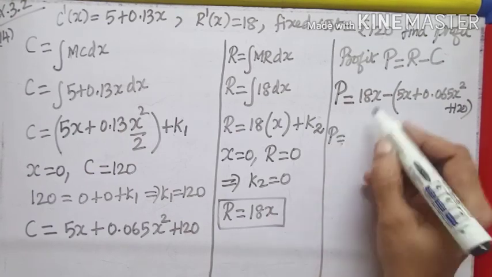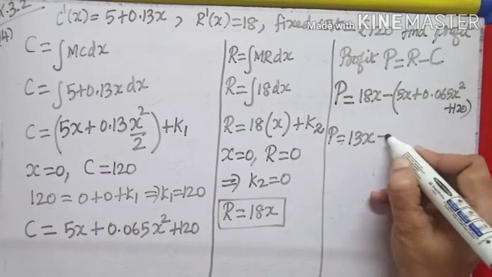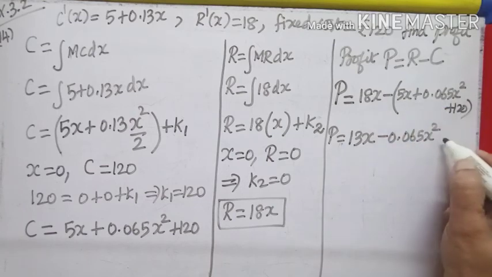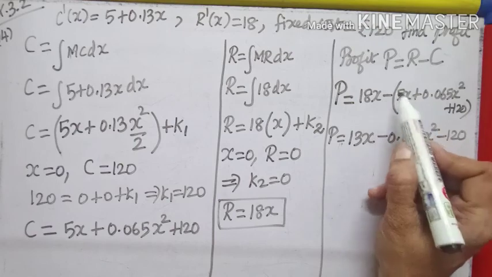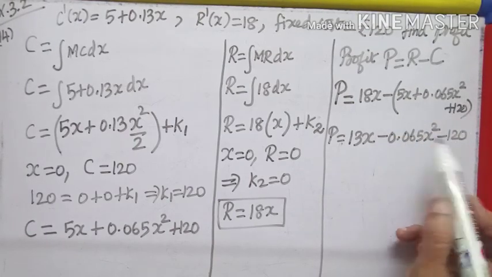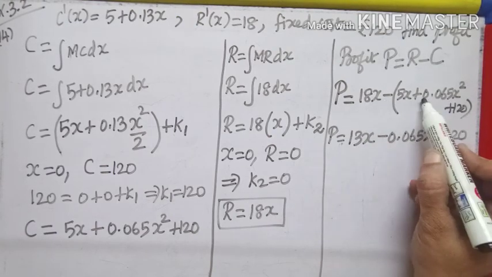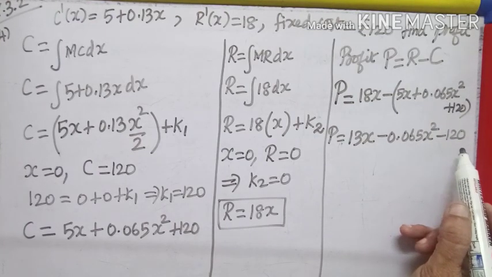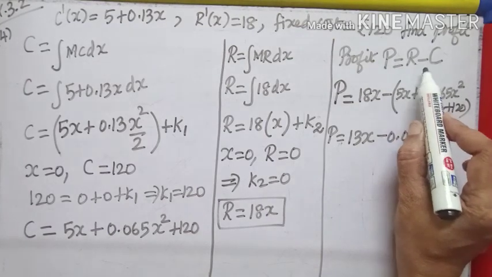As we subtract, 18x minus 5x is 13x minus 0.065x square minus 120. So we must be careful whenever we take minus inside a bracket. Every term will become negative. 18x minus 5x, 13x minus 0.065x square and minus 120. So we have arrived at profit by using revenue minus cost.